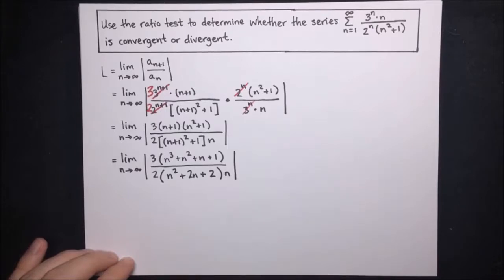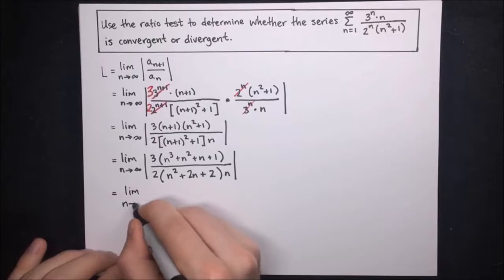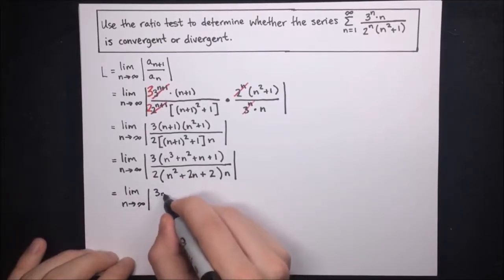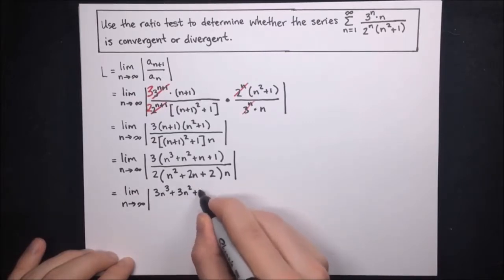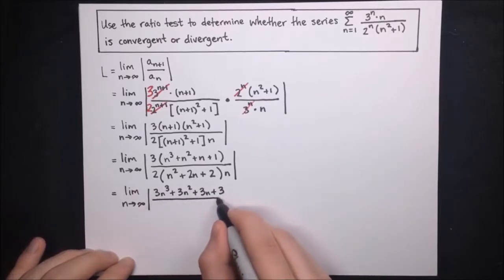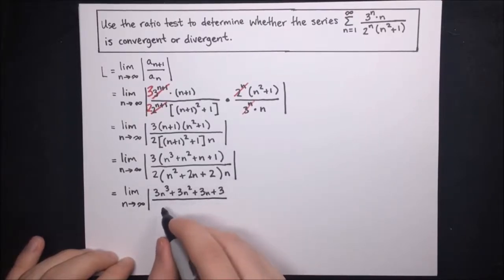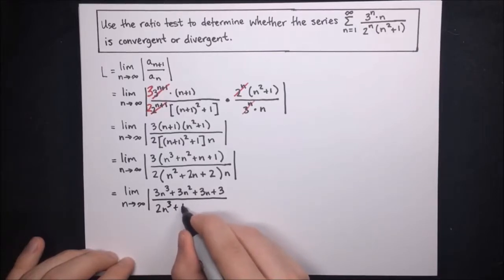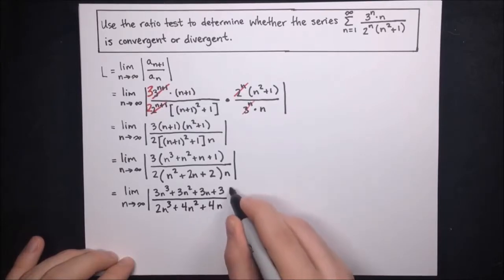We'll do one final round of simplification. Multiply that 3 through in the numerator, so 3n cubed plus 3n squared plus 3n plus 3 all over. We'll multiply that 2 through the denominator as well as the n, so 2n times everything. So we get 2n cubed plus 4n squared plus 4n.